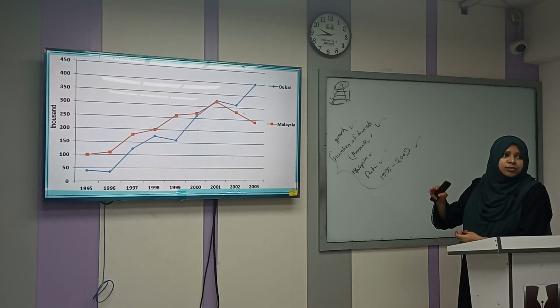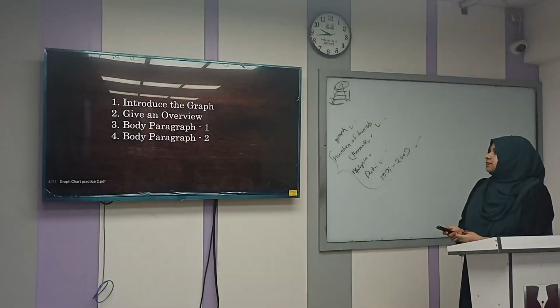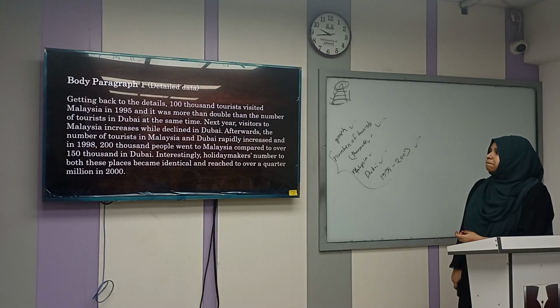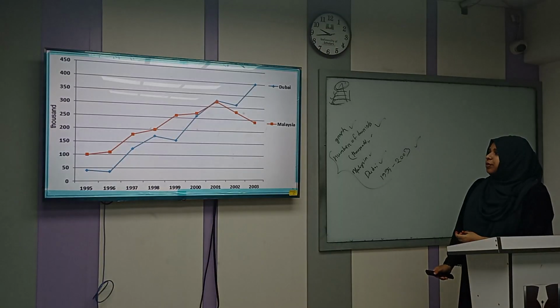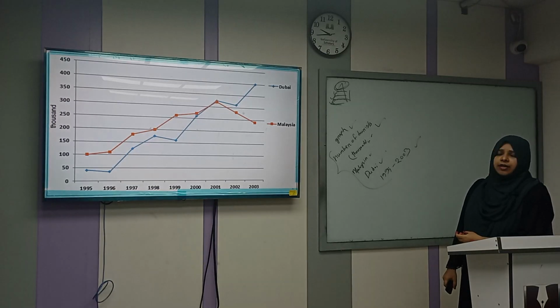So it was almost half. Okay. And then next year, visitors to Malaysia increased while there was a decline in Dubai. Okay, so in the next year, people started to go to Malaysia more, but it was opposite in Dubai.